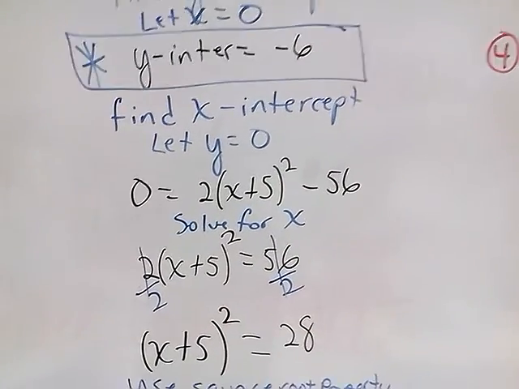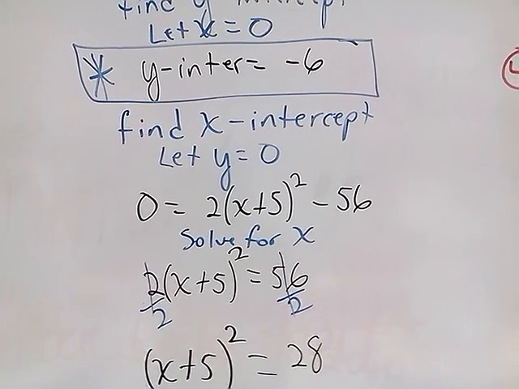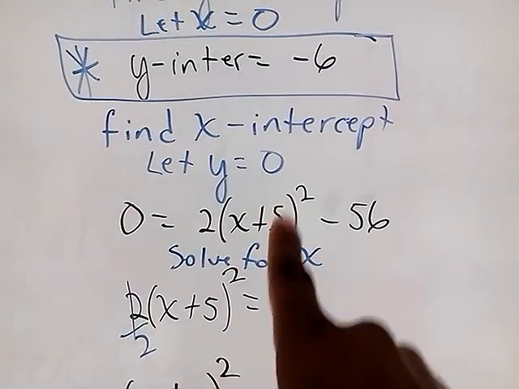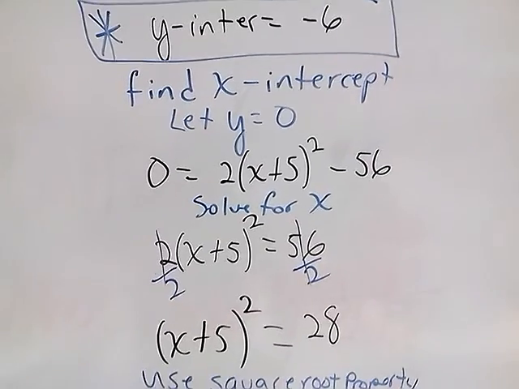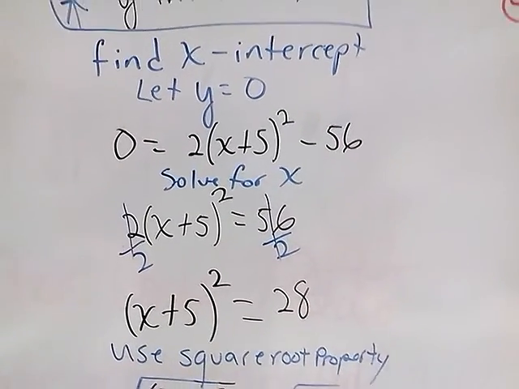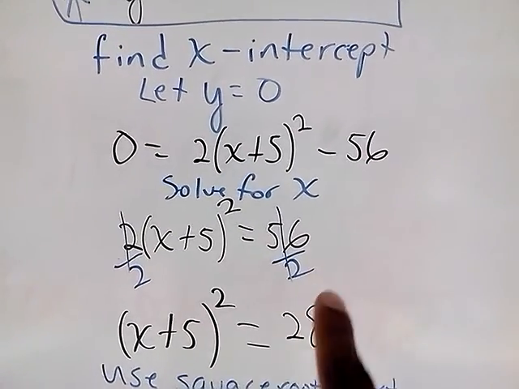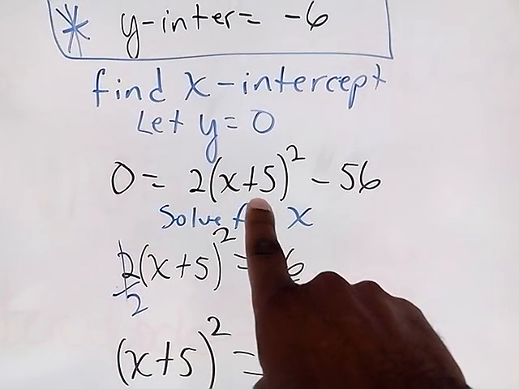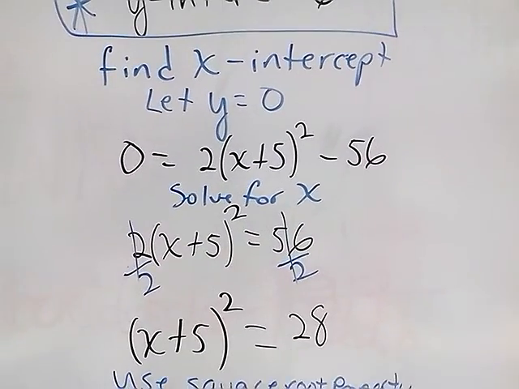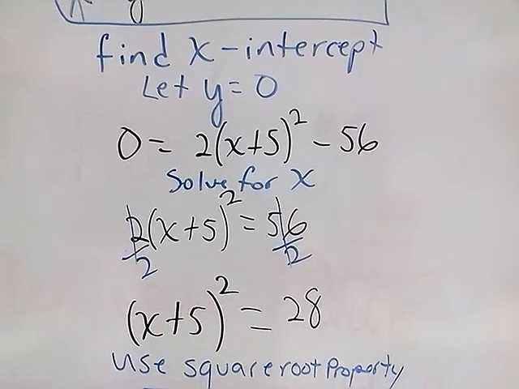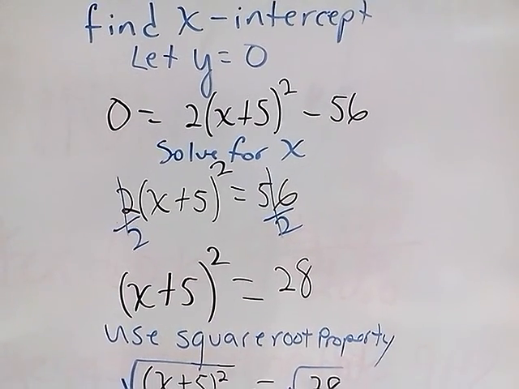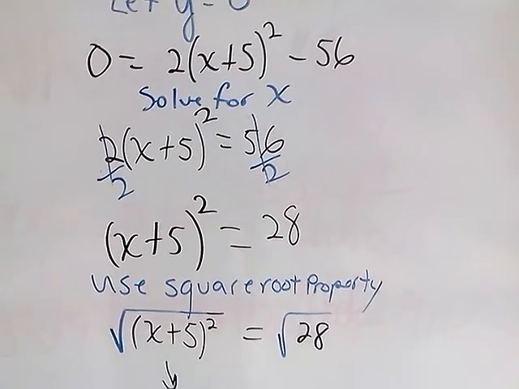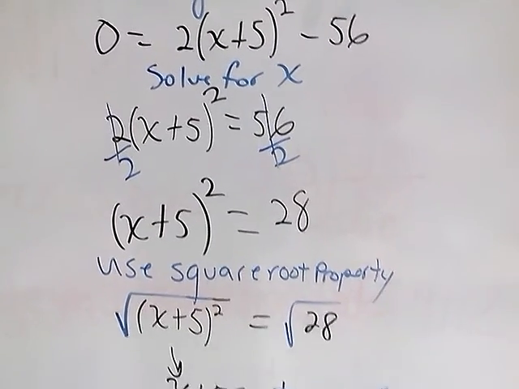To find the x-intercept, we let y equal 0. Once we do that, we have to use the square root property to solve this, by getting our x plus 5 on one side of the equation and then taking the square root of it.